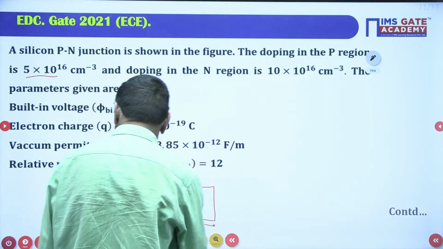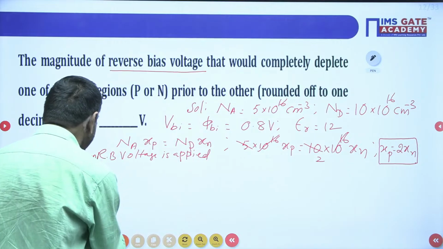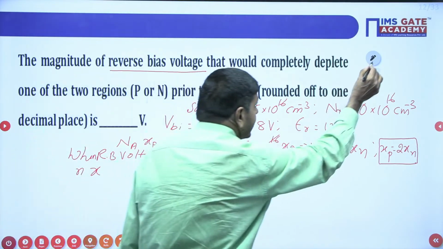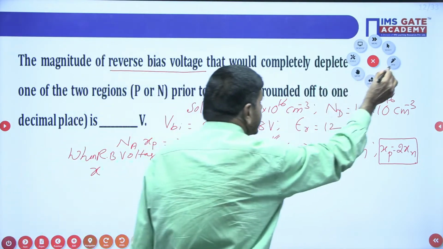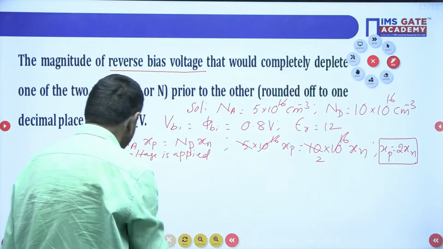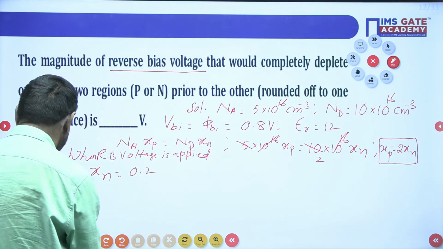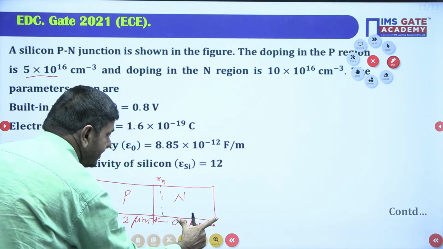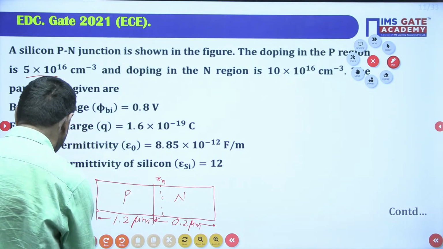What I wish to say is, XN can be taken as 0.2 micrometers, because totally depleted XN is 0.2 micrometers, which it can occupy.